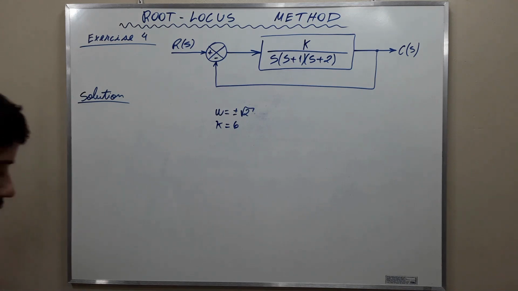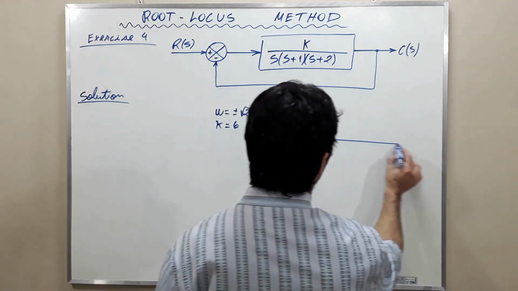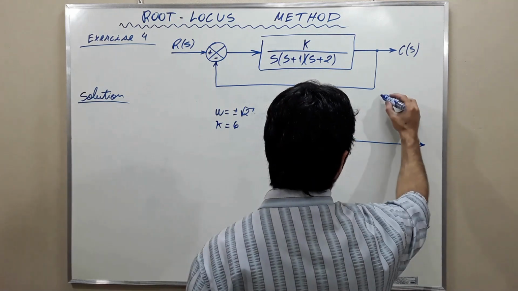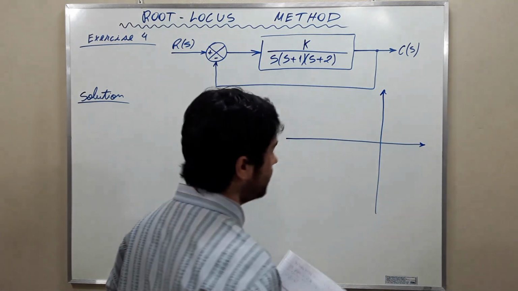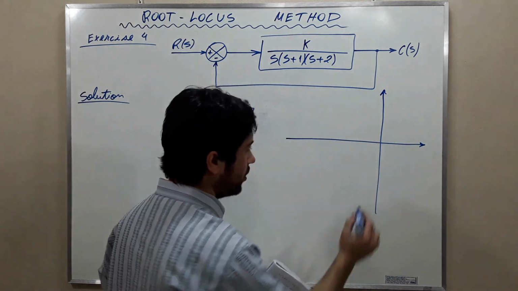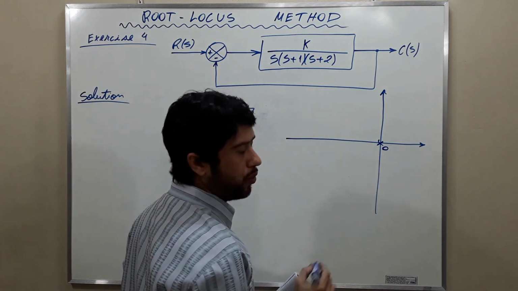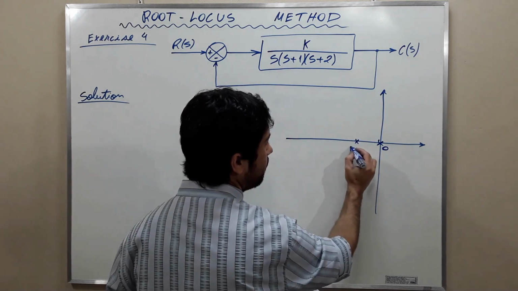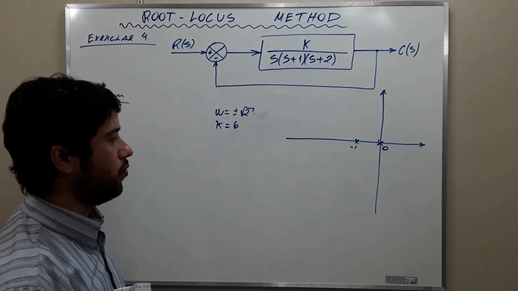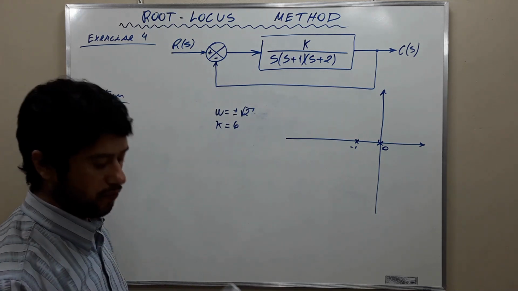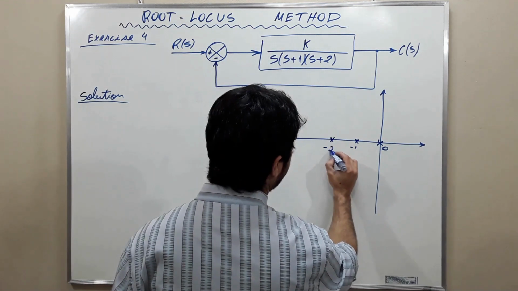And with this, we have everything to draw the root locus. This is the real axis, this is the imaginary axis. We have an open loop pole at 0, another at -1, and another at -2.